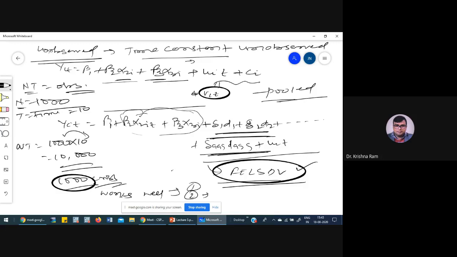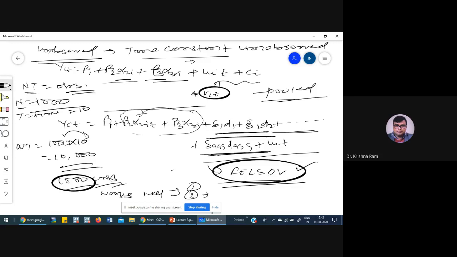A country is more special because of its hereditary things or cultural things or customs. Okay. So that is taken care of by using individual cross-sectional dummies.